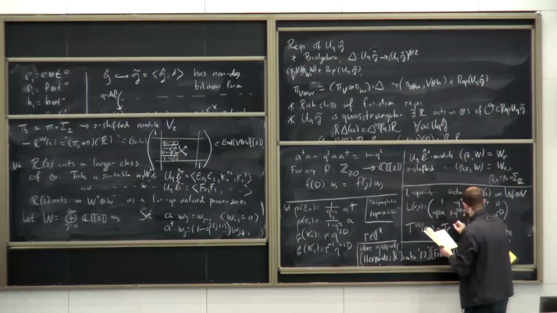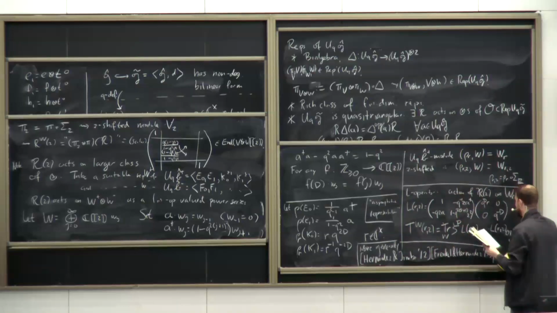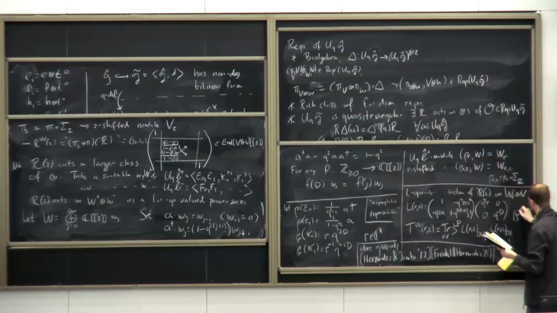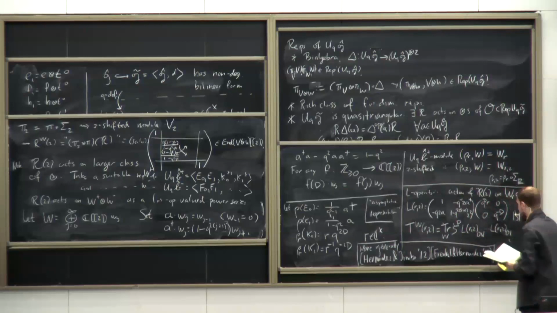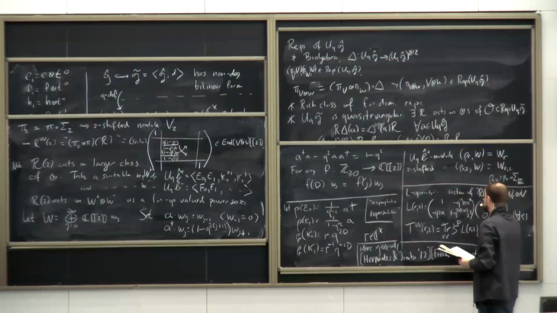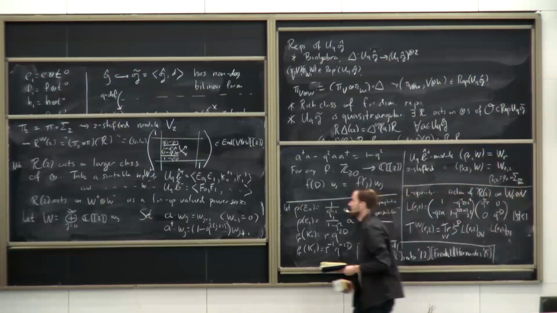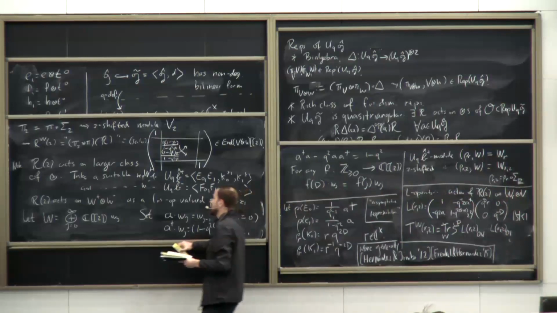But if you include this factor here, acting in the 0th space, where zeta is a complex number with absolute value less than 1, then it does converge. And so you can think of this as some kind of twisted periodic boundary condition. And so here, this construction gives you essentially the desired properties for Q operators.